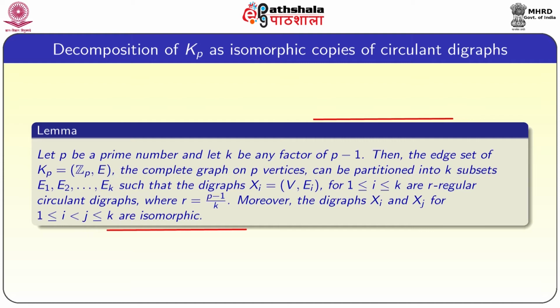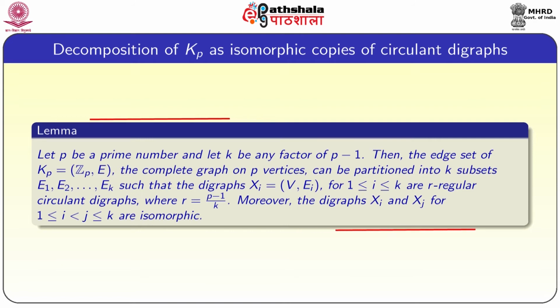Let p be a prime number, and let k be any factor of p minus 1. Then the edge set of K_p, that is (Z_p, E), the complete graph on p vertices, can be partitioned into k subsets E1, E2 and so on up to Ek, such that the digraphs Xi equal to (V, Ei) for 1 less than or equal to i less than or equal to k are r-regular circulant digraphs, where r is equal to (p minus 1) by k.